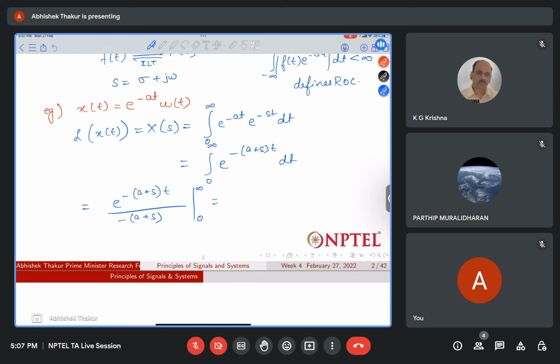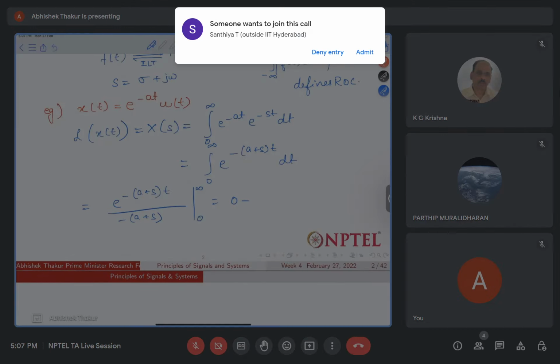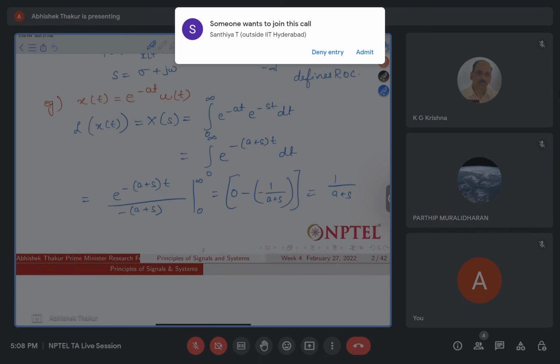When t is infinity, and let's suppose our a plus s is positive, then only the signal will converge, so the value will be 0. When t is 0, it will be 1 by a plus s. The final answer is 1 by a plus s. But there is one important thing: this integration will converge only if this a plus s is a positive value.